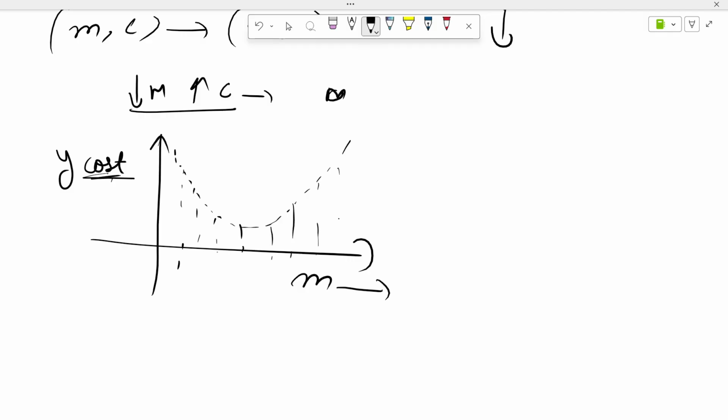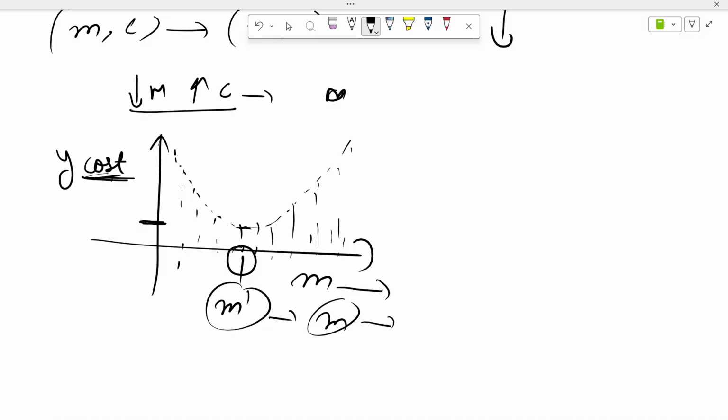Now tell me which will be the best m value. The best m value is where the cost function is minimum, cost function means minimum error. Minimum error is here when this m occurs. Let's say this is m dash. So m dash is the best value of m for which our overall cost function is lowest.